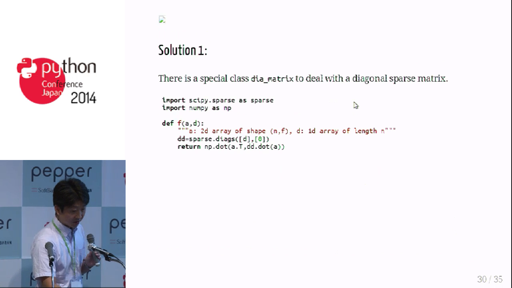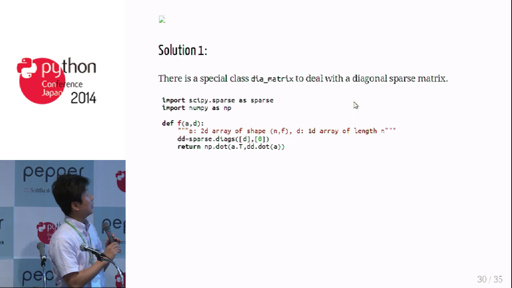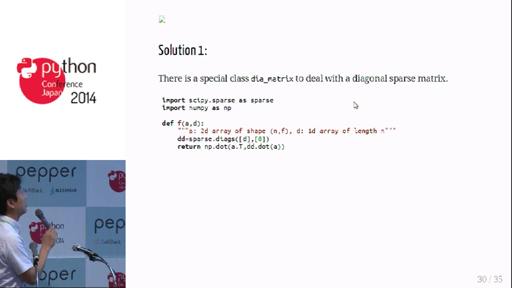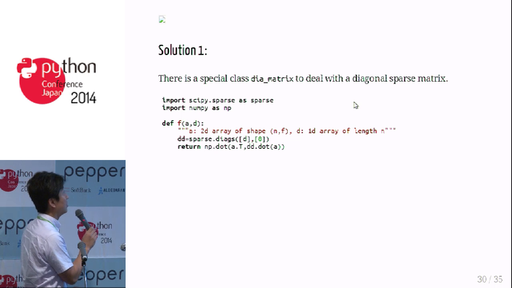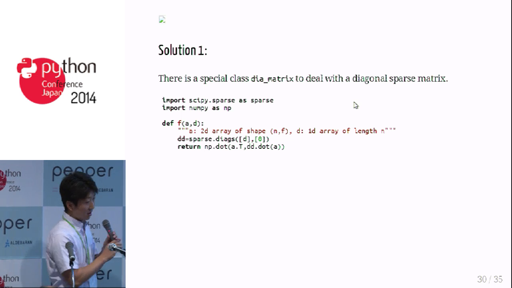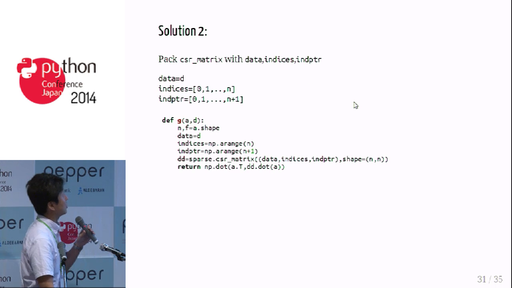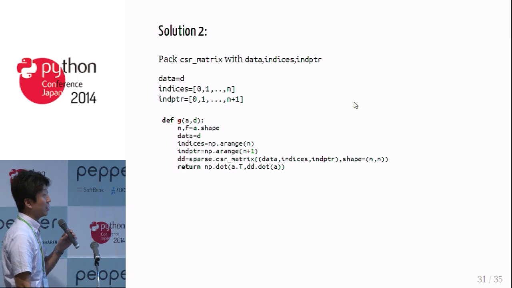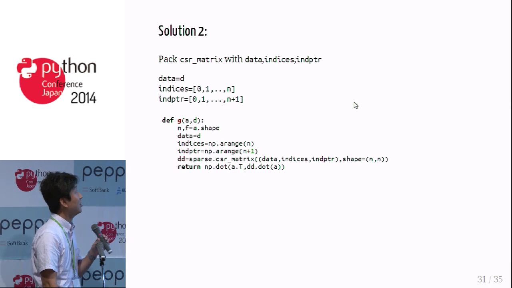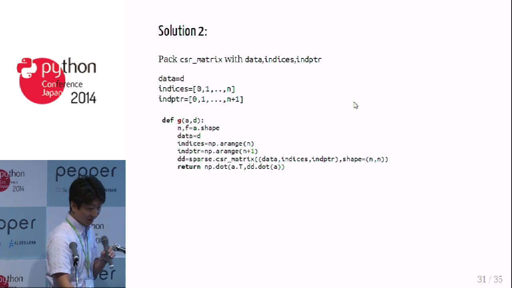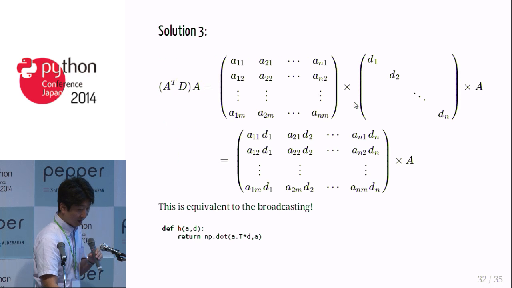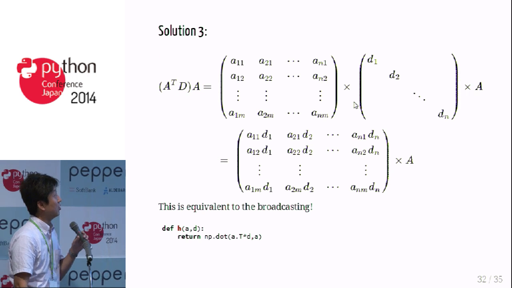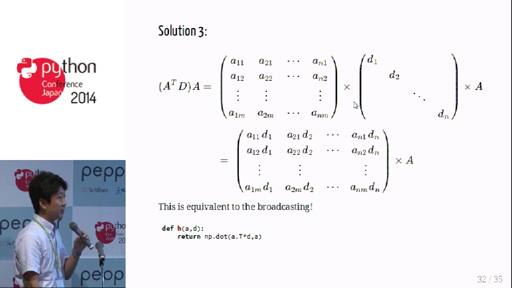In this case, first solution is using another sparse matrix type, diagonal type, to compute it. Another solution is to use internal structure. The last one is very simple, but it needs some mathematical derivation.